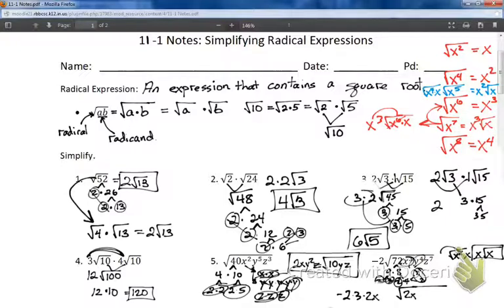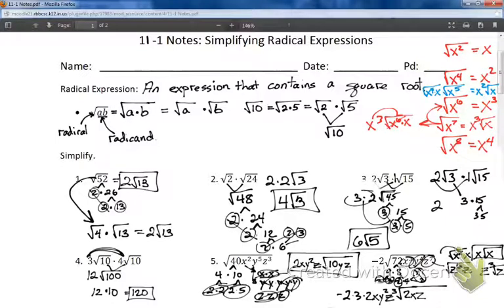Y to the 4th, that's an even number, so that means 2 y's are going to come out. And then z to the 7th, I'm going to think of as z to the 6th and an extra z. So those 6 z's means there's 3 pairs of them, and then you have that extra z. So we have 3 z's on the outside and 1 z on the inside.